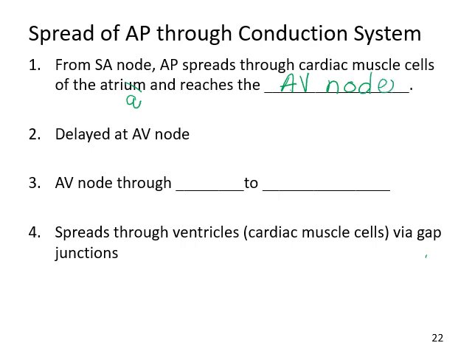The AV node, again, is small. It doesn't have a lot of ways for ions to move, so there's a little bit of a delay so that the atria can finish contracting before we start the ventricles. Okay, from the AV node, we go through the AV bundle, and then into the right and left bundle branches.